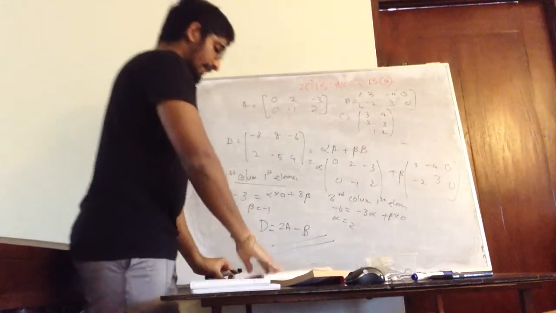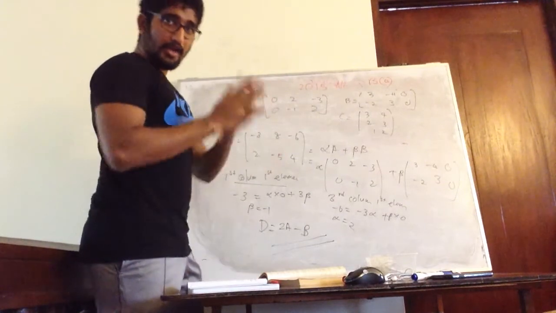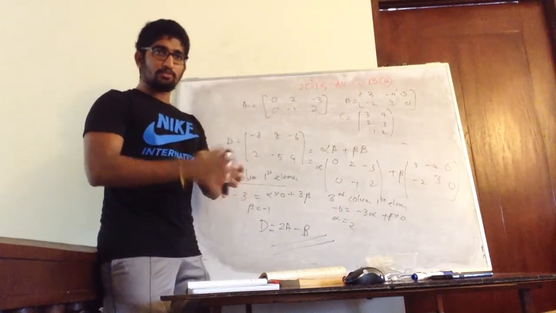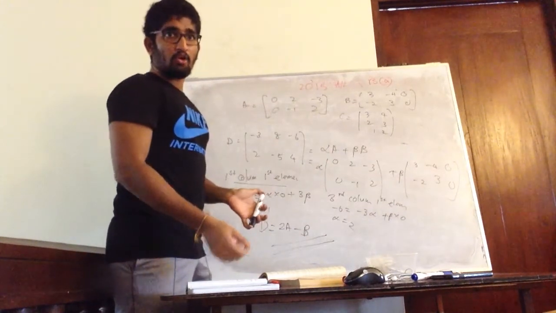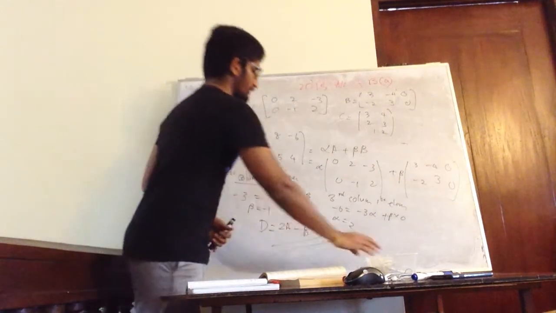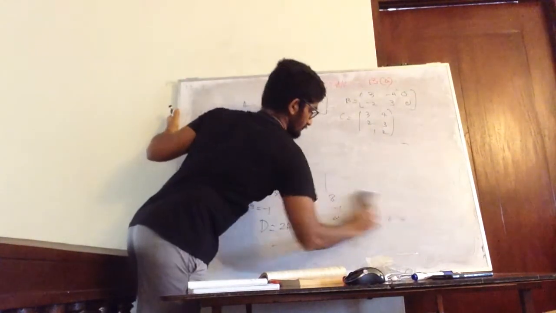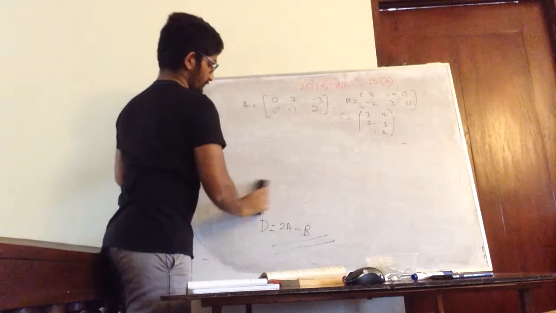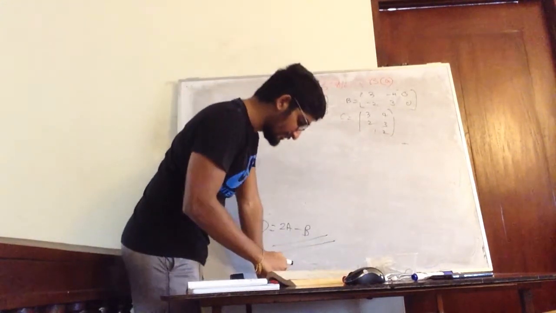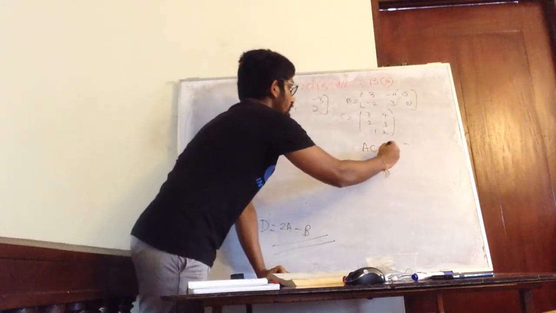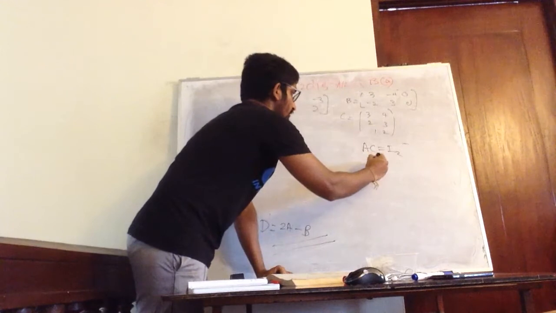Then they are asking us to find the product DC. As I said before, you can do this the long way, or we can be smart here. We have the expression for D, and we know that AC is I2, and BC is also I2.